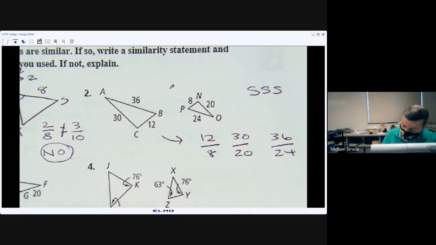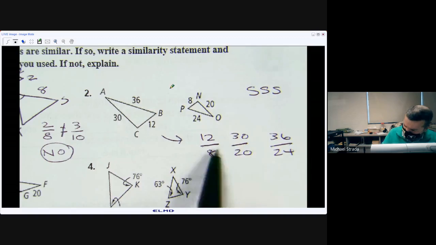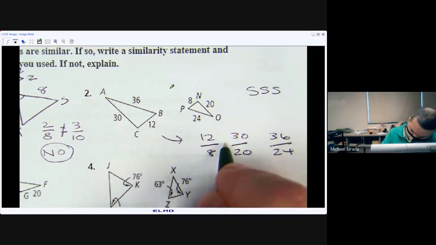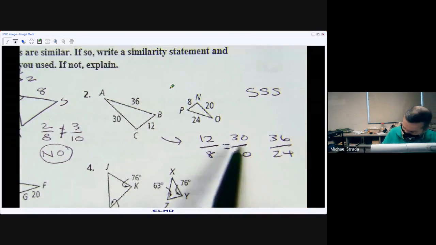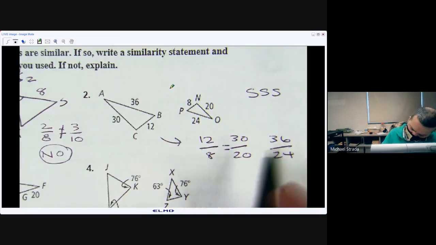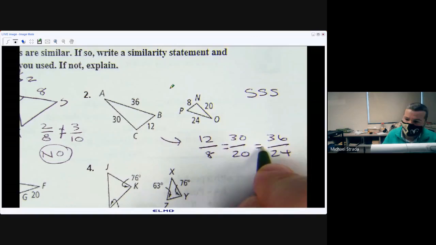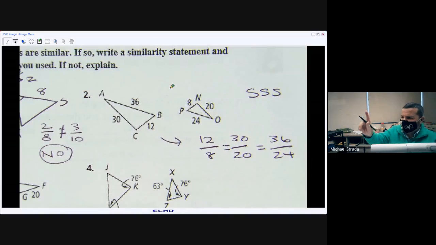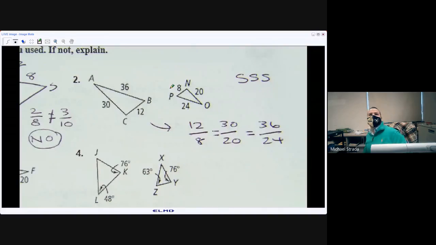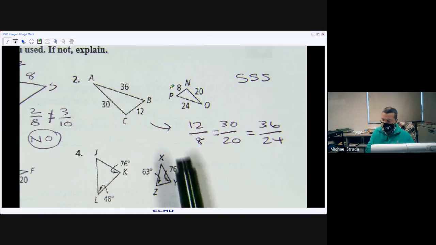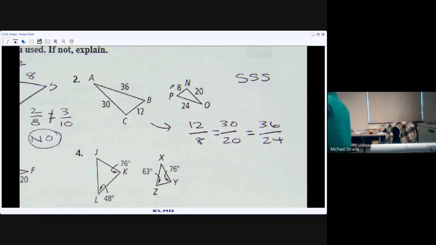You can either reduce them all, or you can cross multiply. 12 times 20 is 240, 8 times 30 is 240, so that's equal. 30 times 24 is 720, 20 times 36 is 720. By the transitive property, you don't need to check the first and the third because they're all equal.